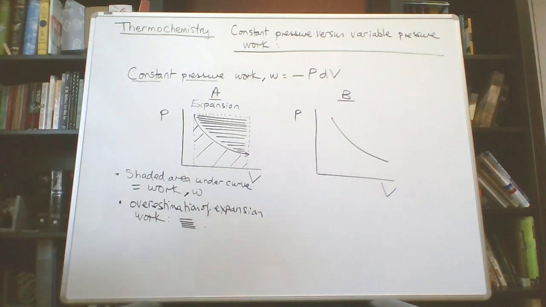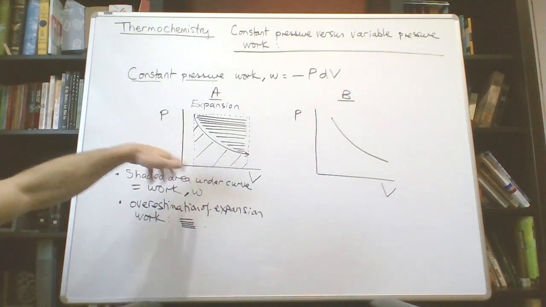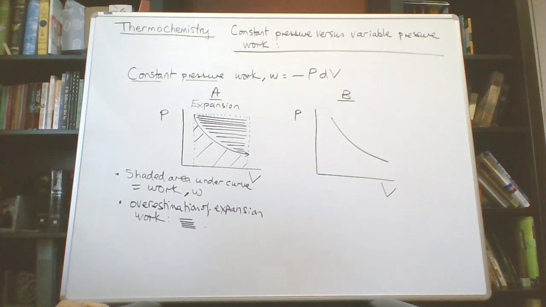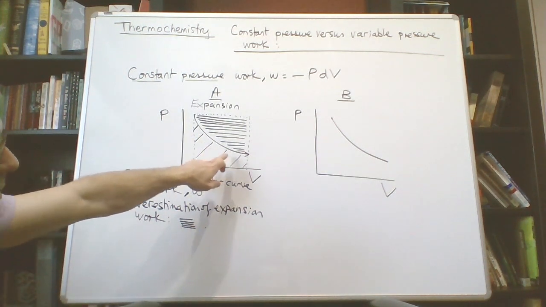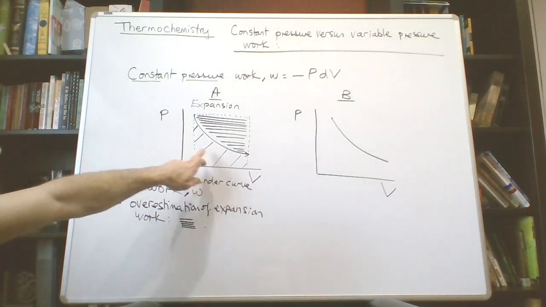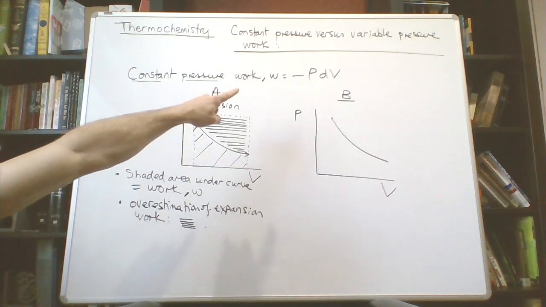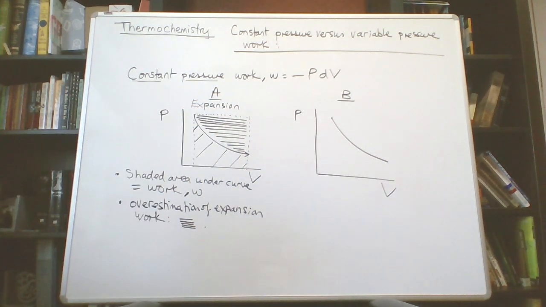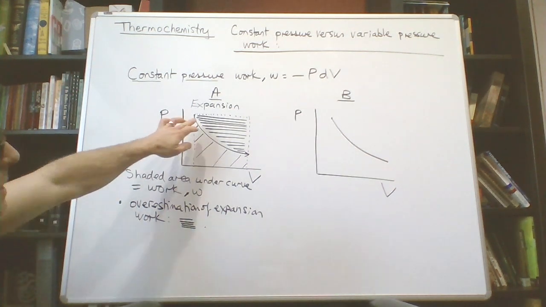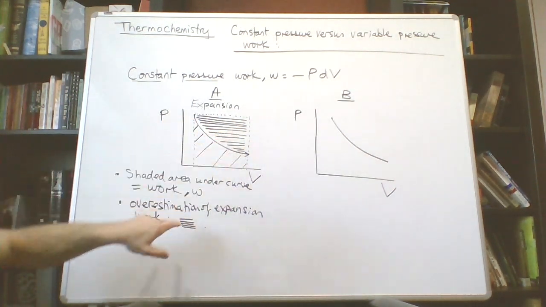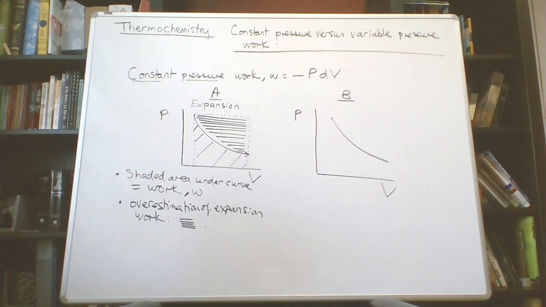Okay. So I really only want to calculate the actual work done during this expansion. I only want the area shaded here. But because I don't have the ability in my constant pressure work equation to vary the pressure, it actually overestimates by this much, and I get a value larger than I should have.